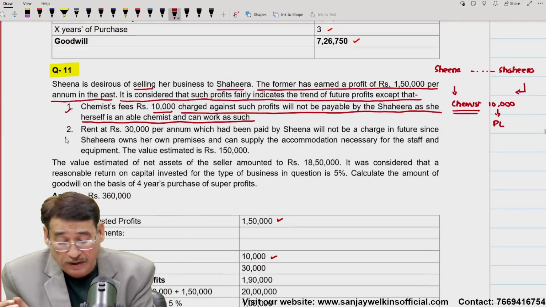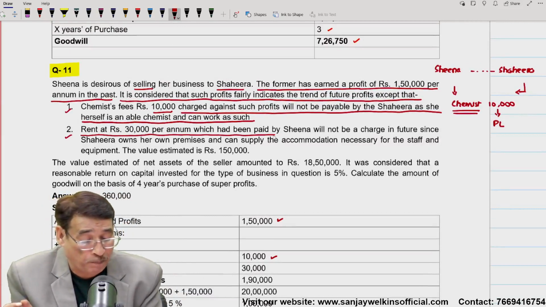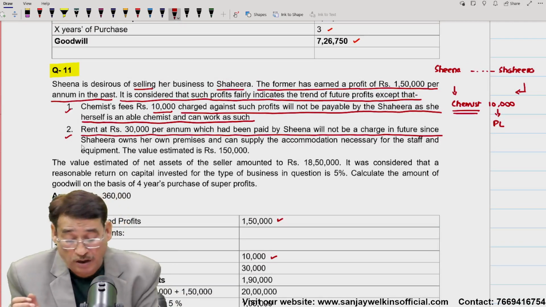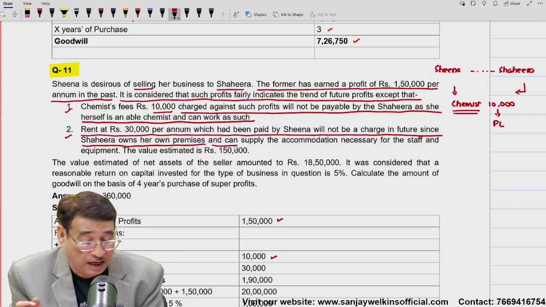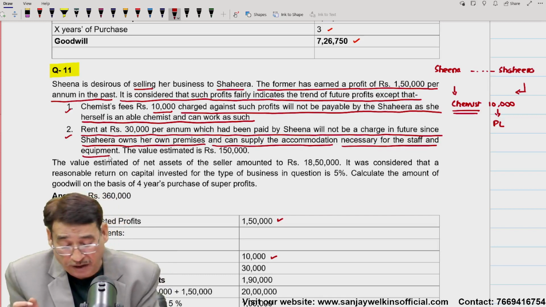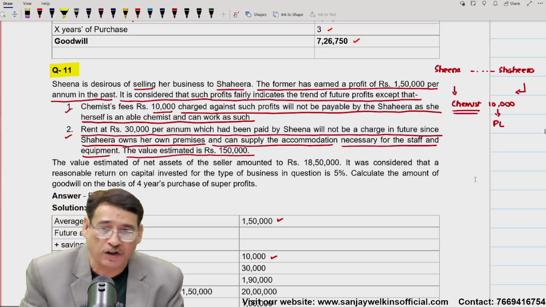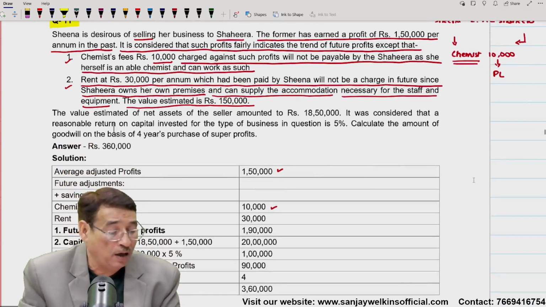Now, further in the question it is given that rent at 30,000 per annum which had been paid by Sheena will not be a charge in future. Why? Shahira owns her own premises and can supply the accommodation necessary for the staff and the equipment, and the value estimated is 1,50,000. What does this entire scenario actually furnish?